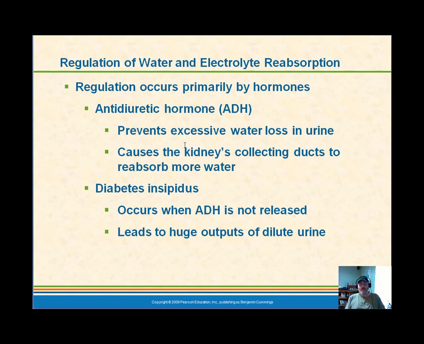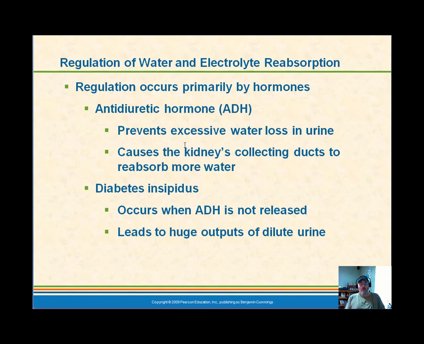Antidiuretic hormone causes the kidneys' collecting ducts to reabsorb more water. So if we start to get dehydrated, we will release more antidiuretic hormone, which will cause us to retain more water. There is a condition, called diabetes insipidus, where this hormone isn't working properly.